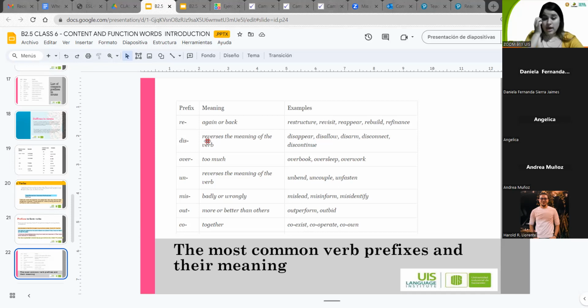For ejemplo, anormal, no normal. But for us the prefix or suffix is more to Latin, the Latin word, I believe. Yes. Sí, por favor. Give me 1 second.